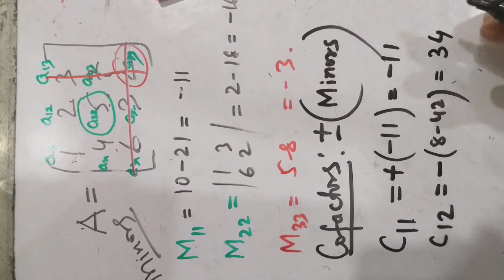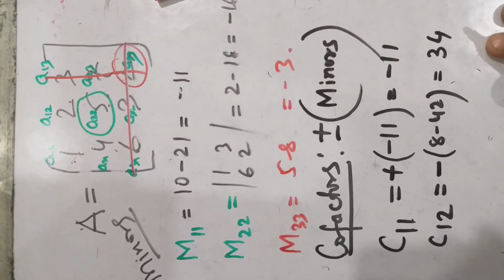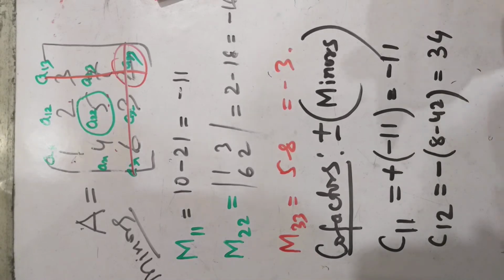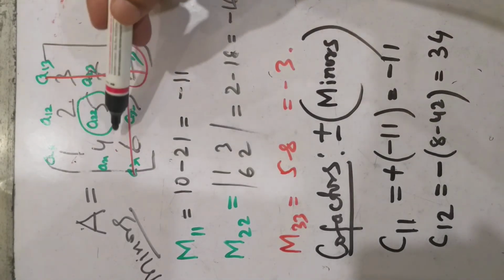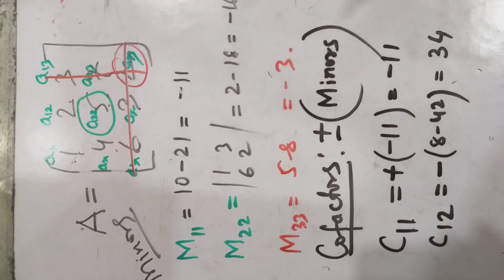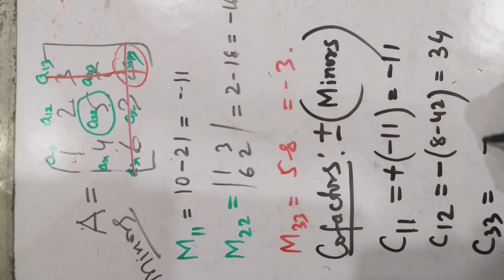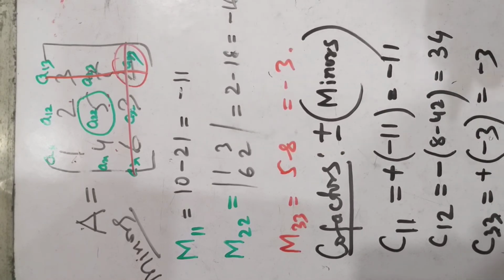So these are cofactors. We have learned minors, cofactors. Similarly we can find the cofactors of all the elements in this matrix. If you want to find C33, obviously M33 was minus 3 and the position is plus, because 3 plus 3 is 6, so the answer is minus 3 only.